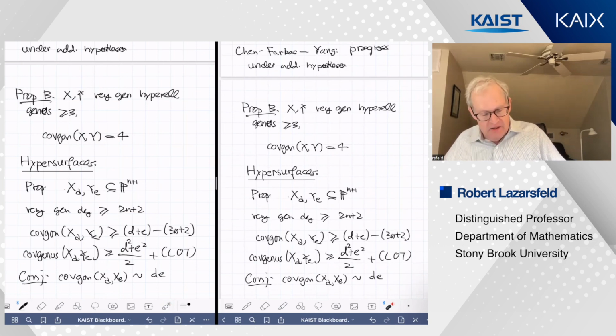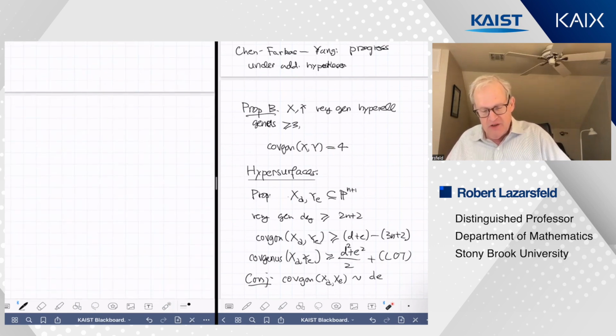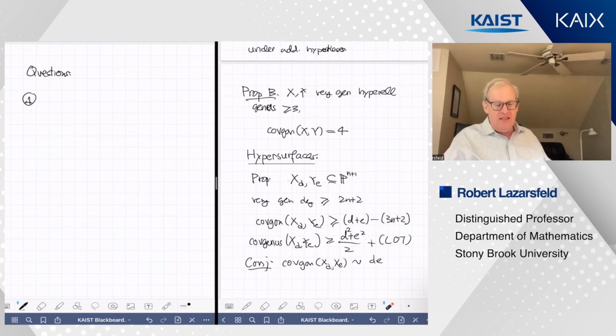So again, these covering invariants seem to be much more subtle than these degree invariants. Let me end with some questions. One thing that would be very nice: remember that in the case of the degree of irrationality, Chen and Stapleton were able to use these characteristic p arguments of specialization of Kollár to get bounds for the degree of irrationality in the Fano range.